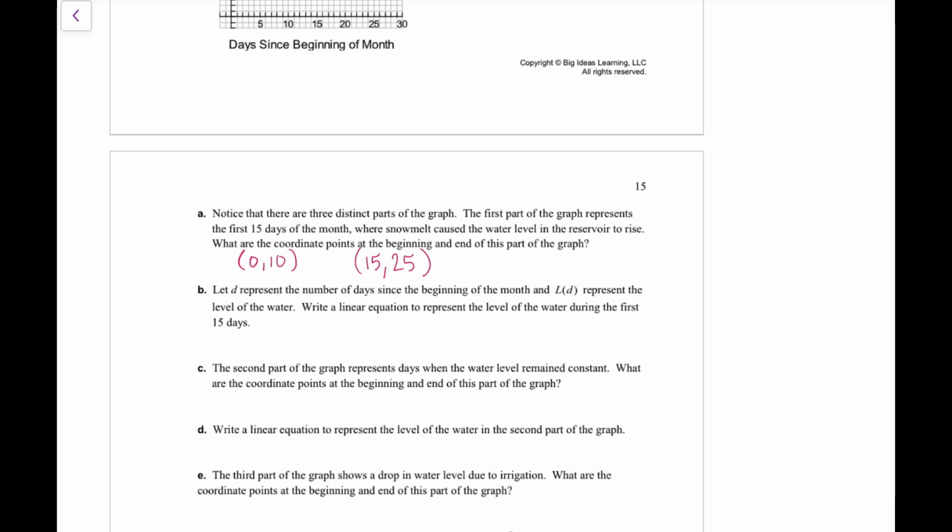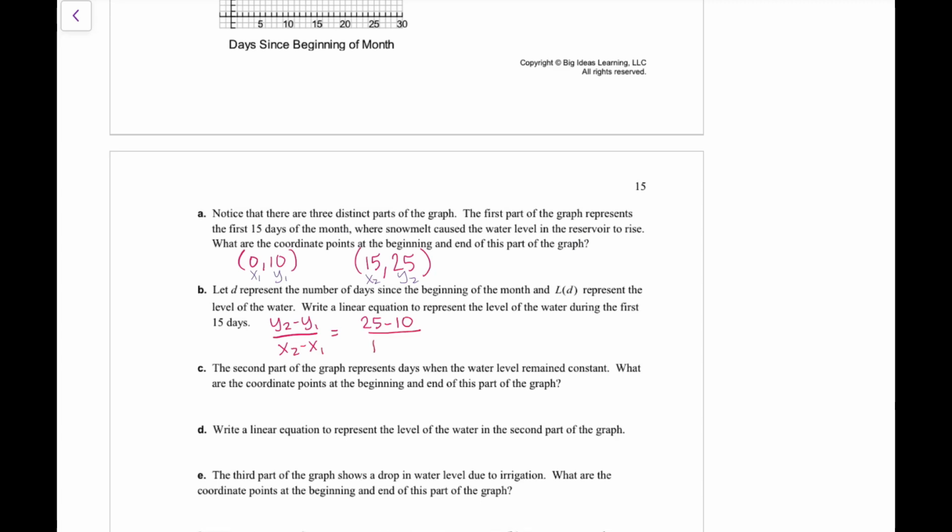Well, we know how to find this. We just take the slope: y2 minus y1 over x2 minus x1. Let's label the points x1, y1, x2, y2. Taking y2 minus y1, we have 25 minus our y1, which is 10, on top.